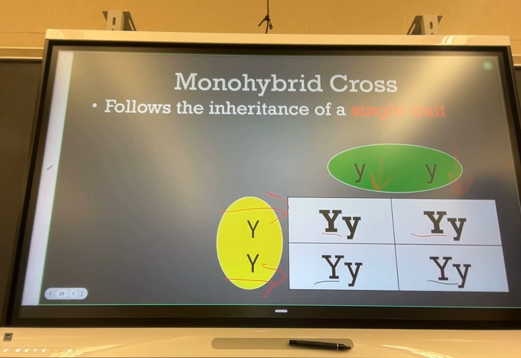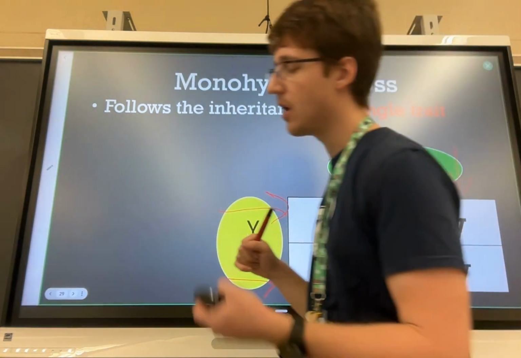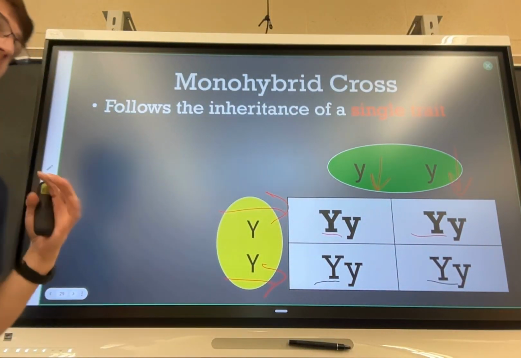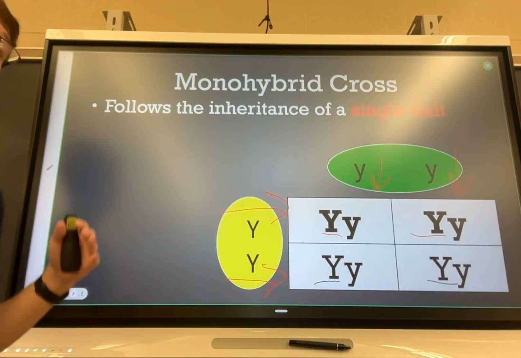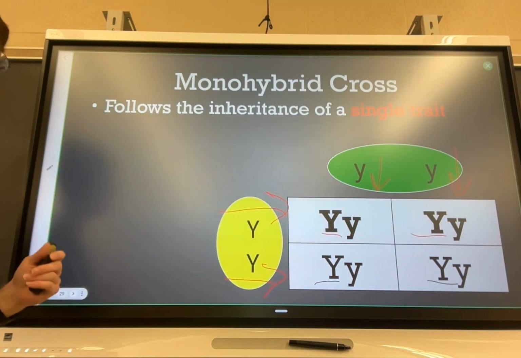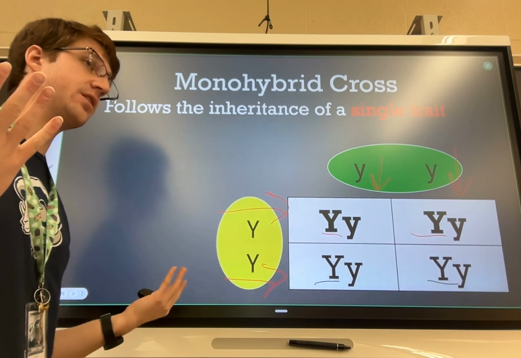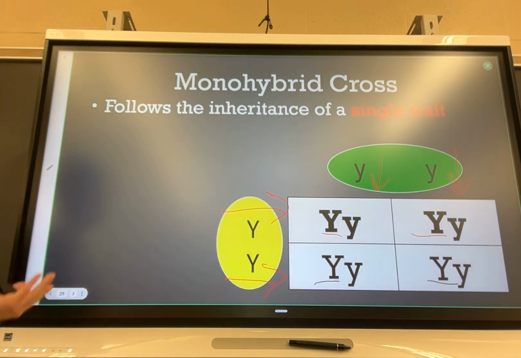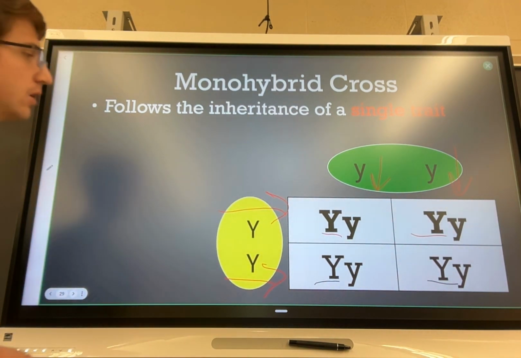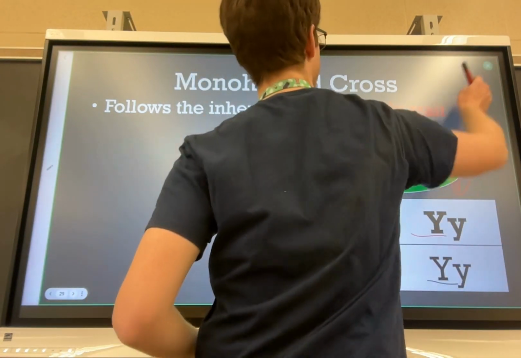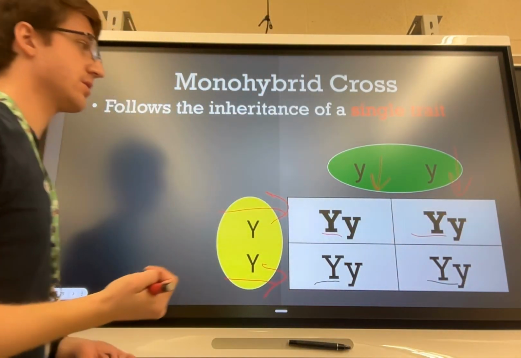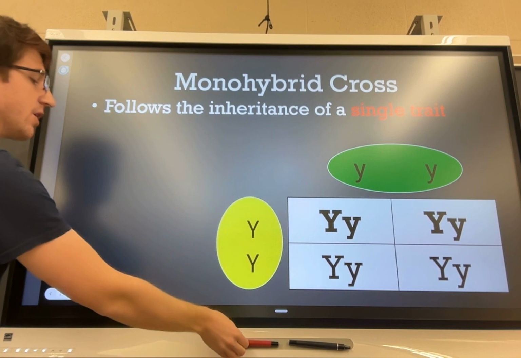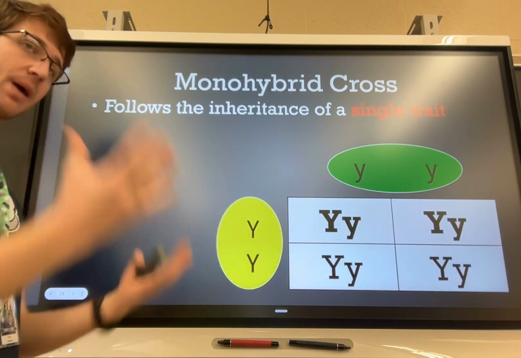We wouldn't get a green offspring because even though they have a recessive trait, that dominant trait is suppressing them. It's pushing them out of the way so that it gets all of the expression and all of the attention. So this is what we call complete dominance.